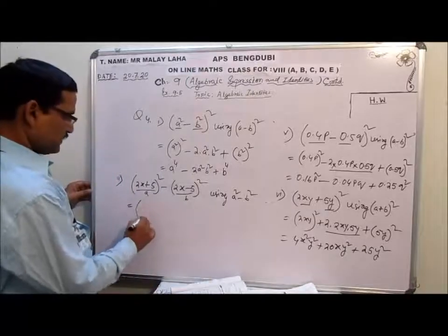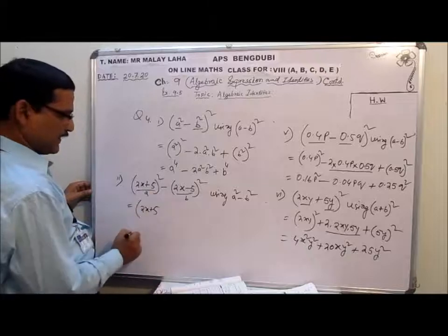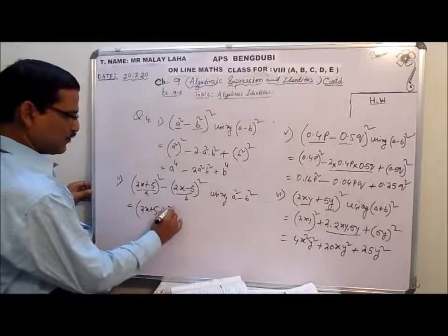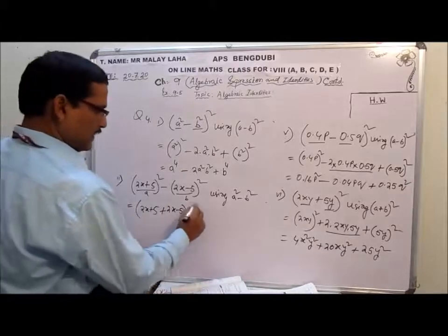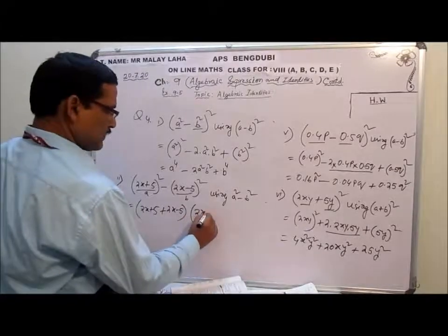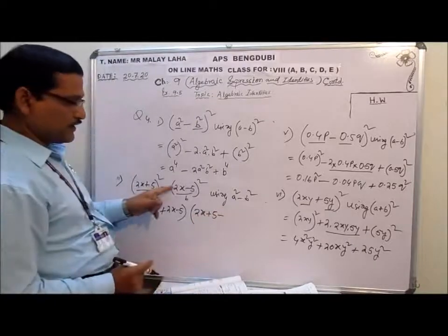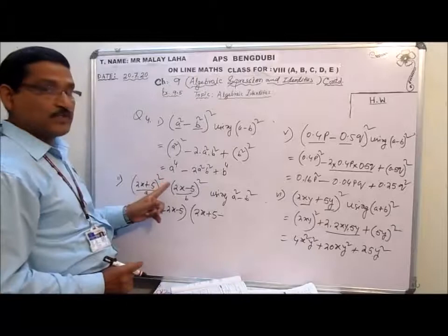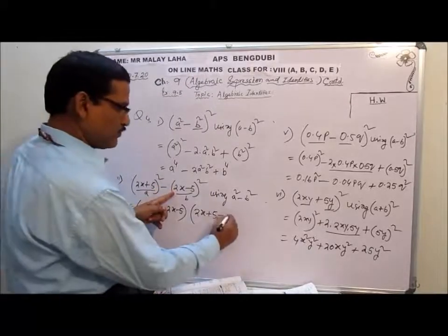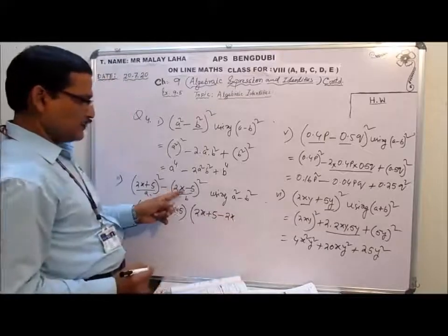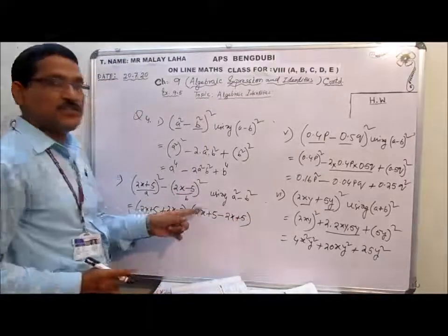So a means 2x + 5, all together is a, plus b means 2x − 5. Then a − b: 2x + 5 minus, so it is positive. 99% of students make a mistake here. Now I am putting 2x negative, so this negative sign will become positive. This change they are not doing.